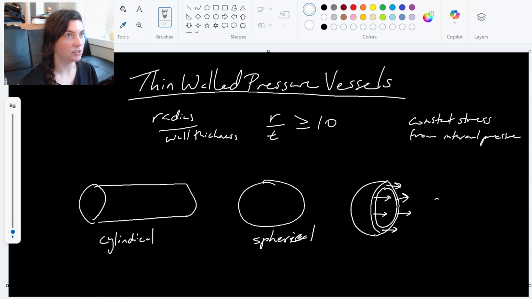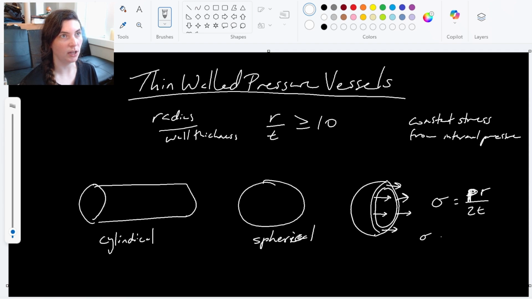The stress equation for a spherical thin-walled pressure vessel is that the normal stress is the pressure of whatever's inside, the pressure it's causing on the walls of the sphere. So the pressure, P, a lowercase p, times the radius of the inside of the vessel, over 2 times the wall thickness.